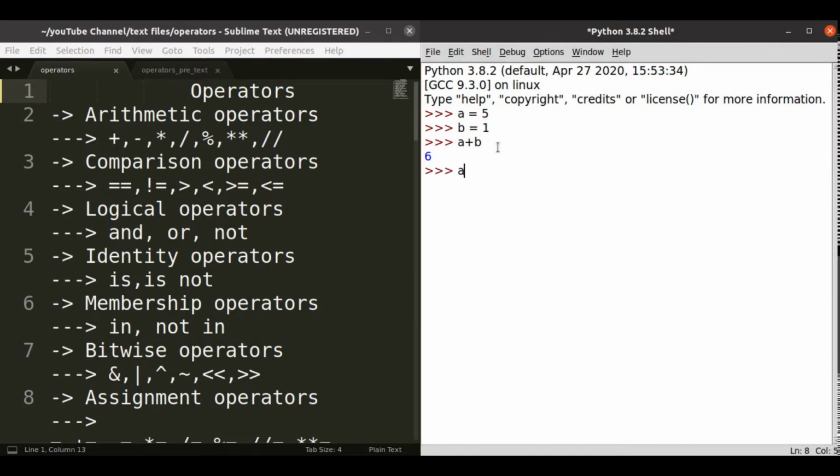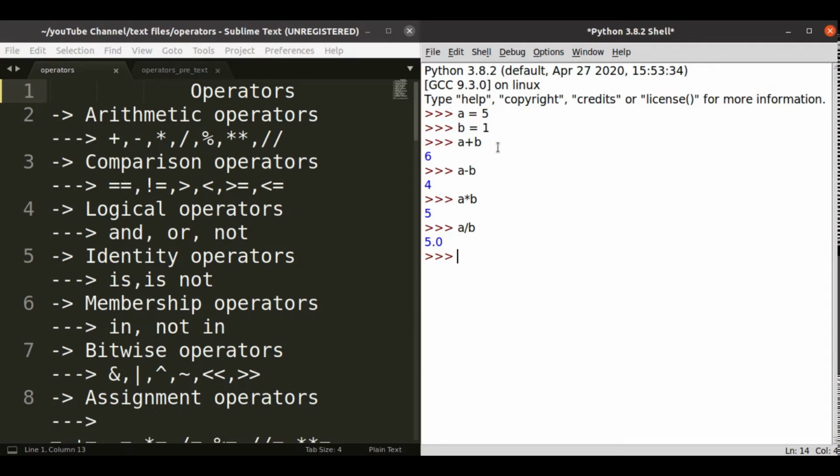And next A minus B, which is 4. A into B, 5. A divided by B, which is 5.0. See, whenever you divide a value with another value, you always get a float value.